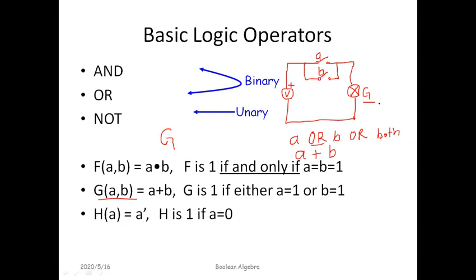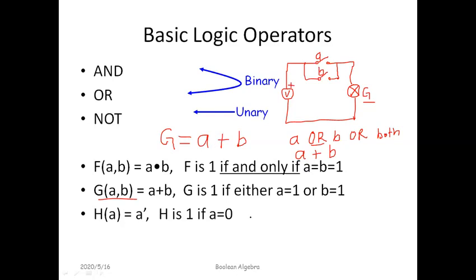The output is the lamp when you look at our circuit. So G is equal to A or B. So the plus is representing OR operation.